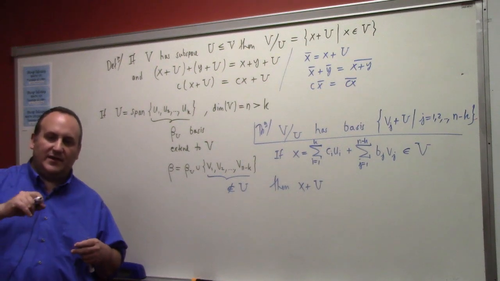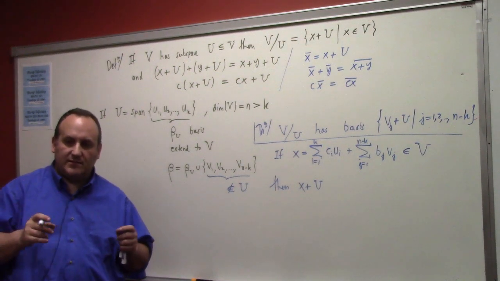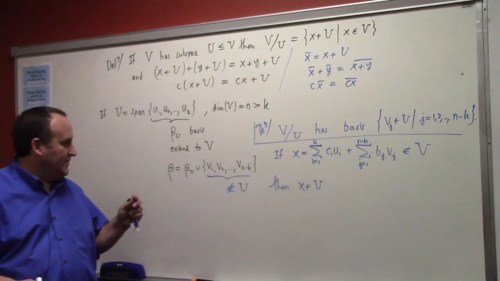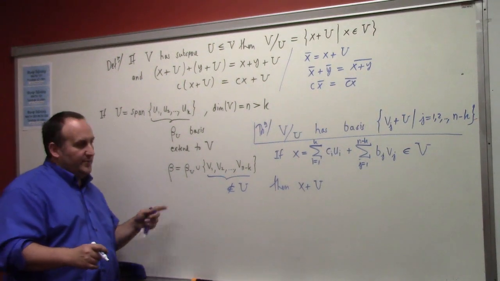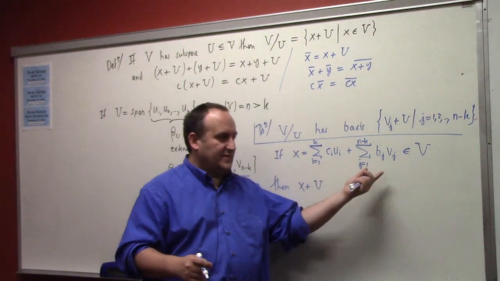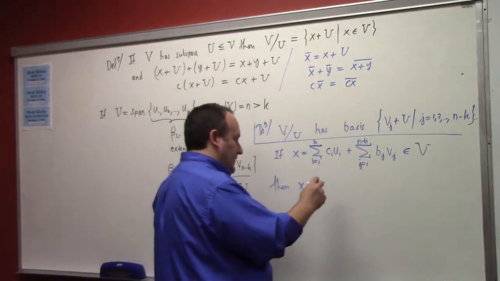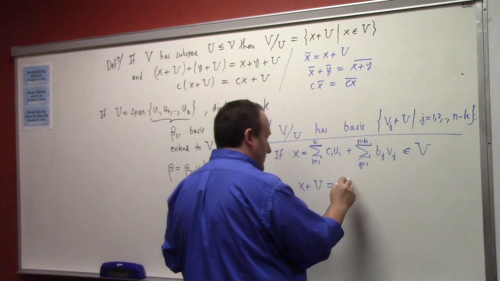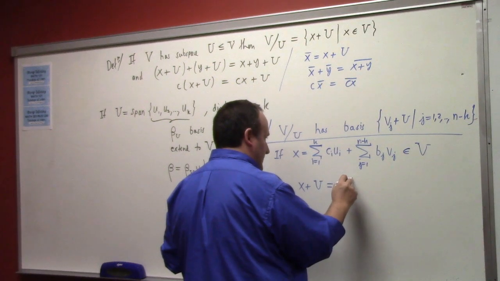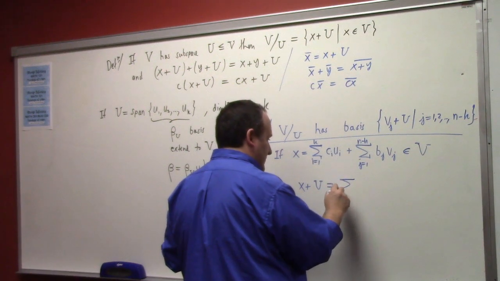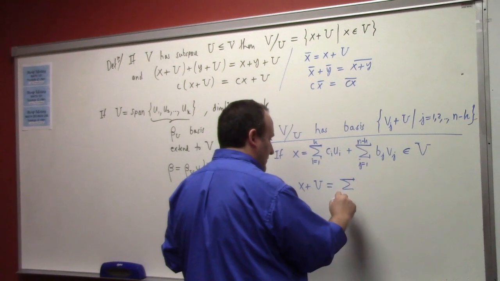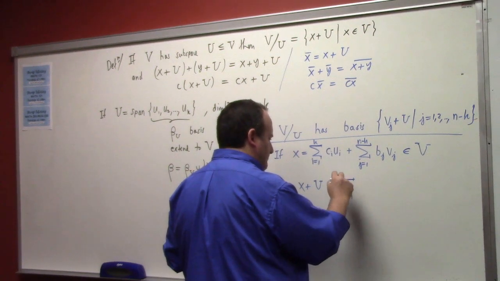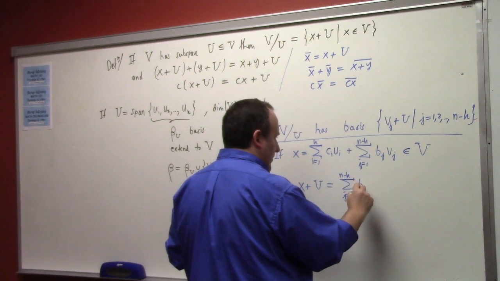Then x, being a vector in V, has a unique decomposition with respect to the basis beta so constructed. In particular, it's got a piece in here and it's got a piece in there. But then you can see that this is going to be equal to, we can throw away the part with the c's.